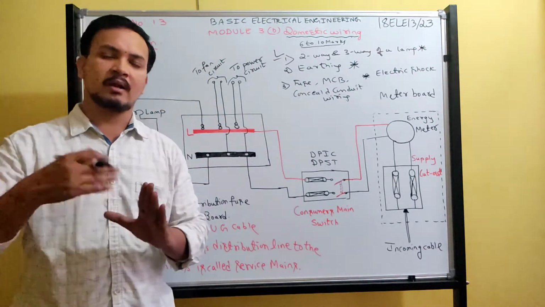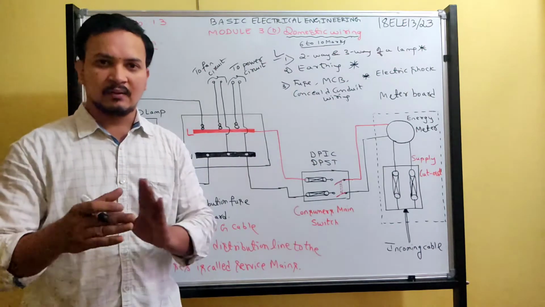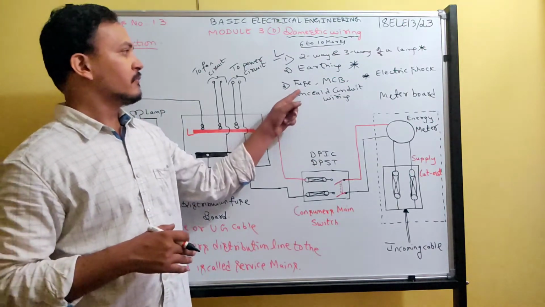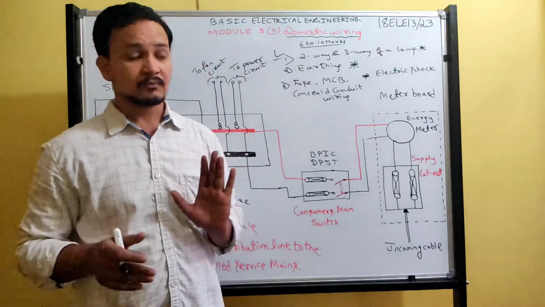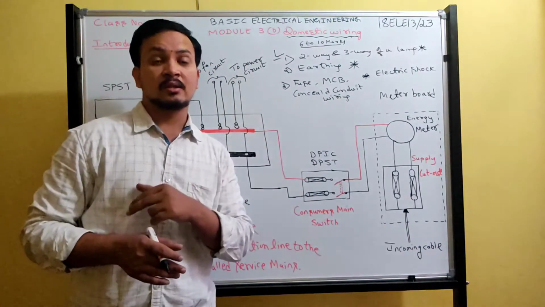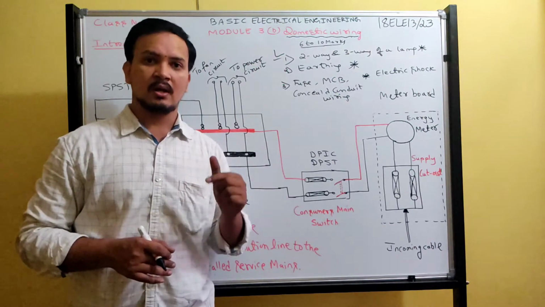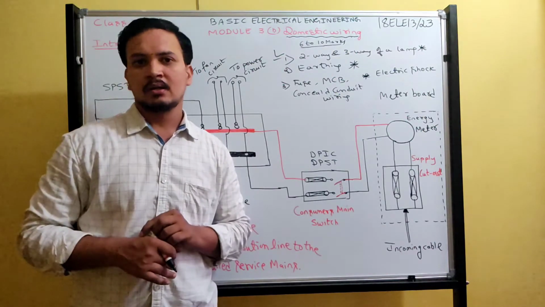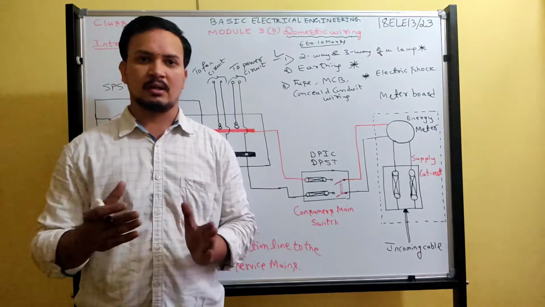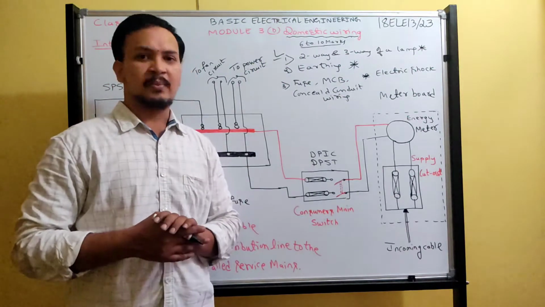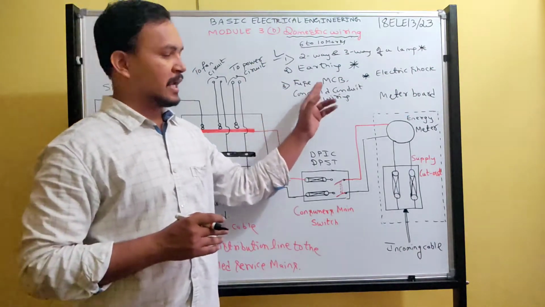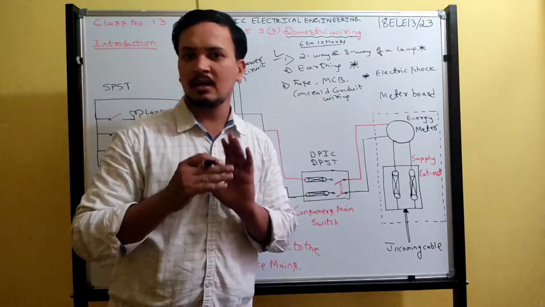The other topics are protective devices. There are several protective devices, but in your syllabus they have specified fuse and MCB only. Other devices are ELCB, earth leakage circuit breaker, and RCCB, residual current circuit breaker, but you study only fuse and MCB because only those are specified in the syllabus.